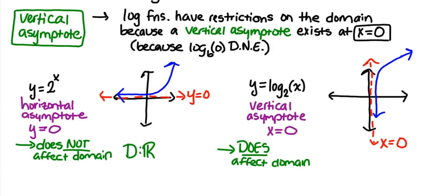So in terms of our domain restriction, what would we write? Bring back our domain knowledge. We would have to say our domain for this graph would be all real numbers, x not equal to 0, or we could say negative infinity to 0, parenthesis, union, 0 to infinity.